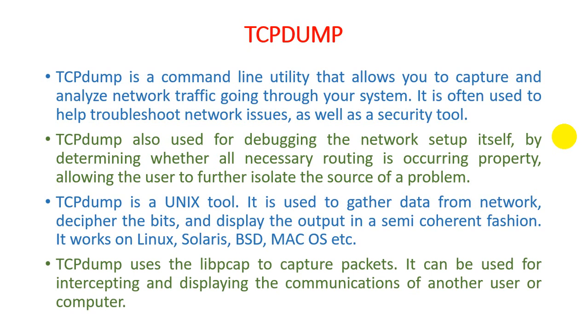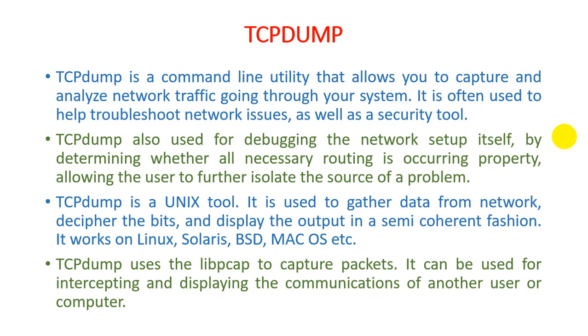TCPdump uses libpcap. It is a library, or we can say a tool, to capture packets. We can say that it works the same as Wireshark. It is very useful and a freely available tool which works on Windows as well as Unix systems.